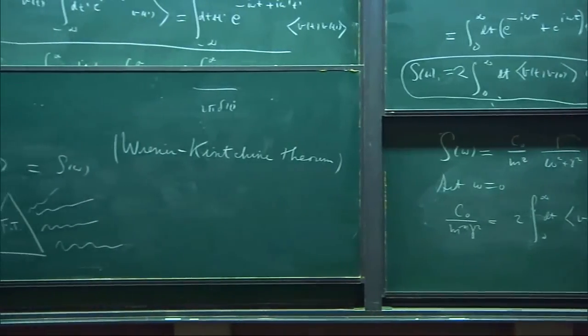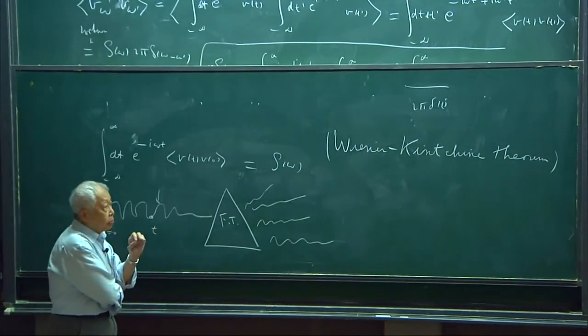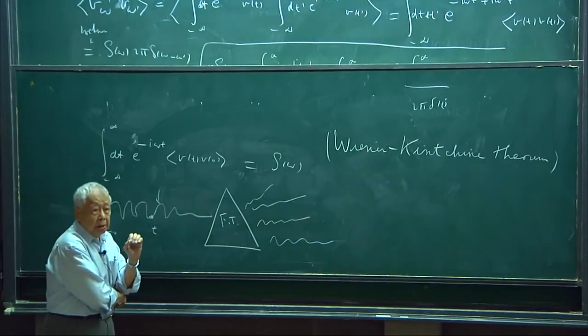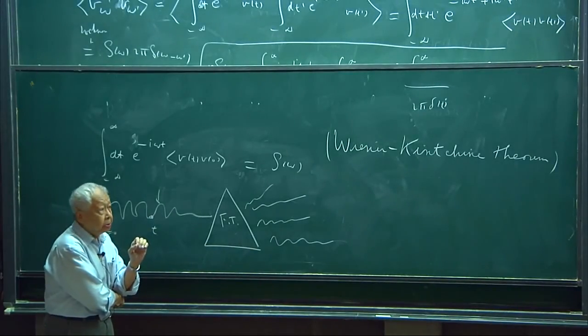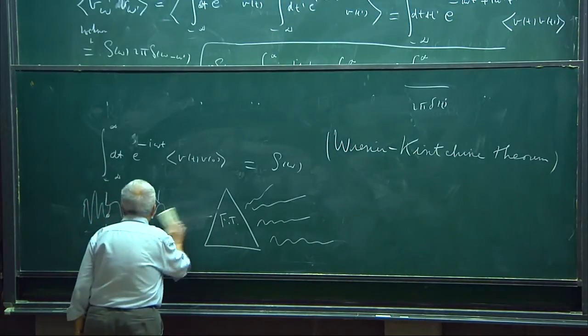See, when we did Einstein's derivation, we derived this, and we also derived Einstein's relation, the relation between diffusion and the mobility. How do we do it here? Let's do it in this context.